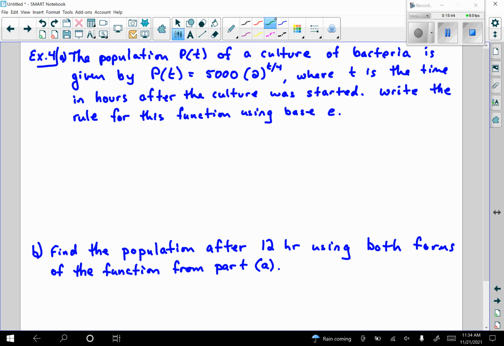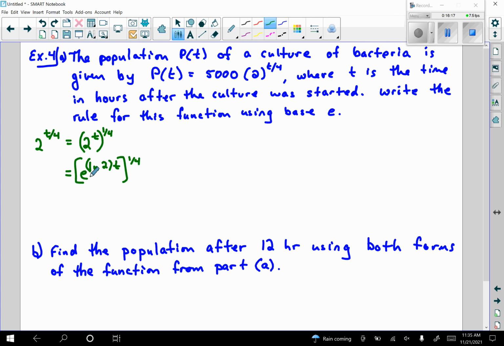So one thing we're going to make a note of is 2 to the t over 4 is the same as saying 2 to the t and then to the 1/4, just using laws of exponents here. And if we need to get this in base e, we can now turn this into e to the natural log of 2 times t, and this will be to the 1/4.